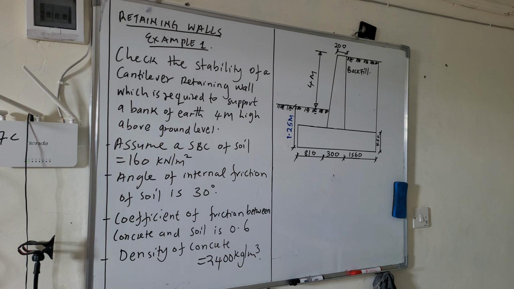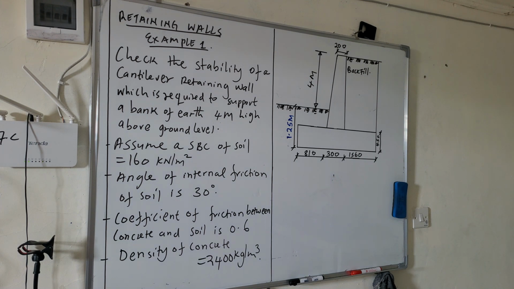Today I want to tackle example number 1 under retaining walls, and the question is on the board. The question reads, check the stability of a cantilever retaining wall which is required to support a bank of earth 4 meters high above ground level.